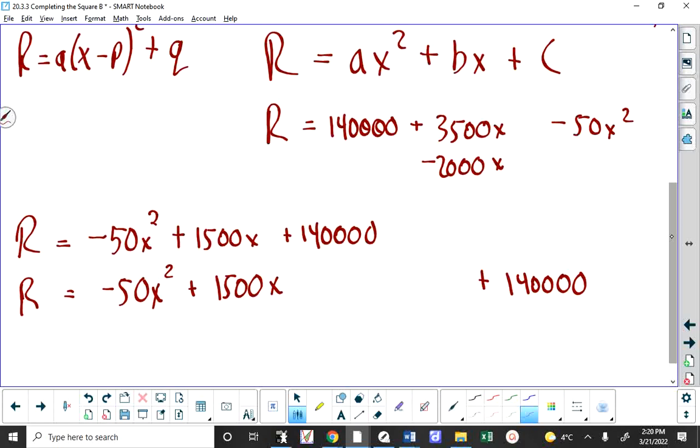Can't tell you how many times I'm marking a student's work and they're factoring out that negative 50, and all of a sudden they're factoring it out of the constant term, which you don't want to do.